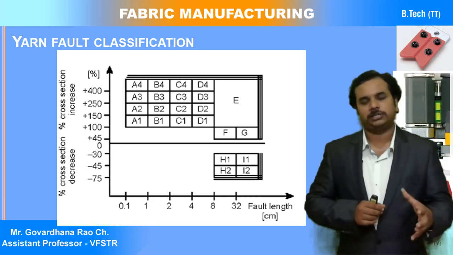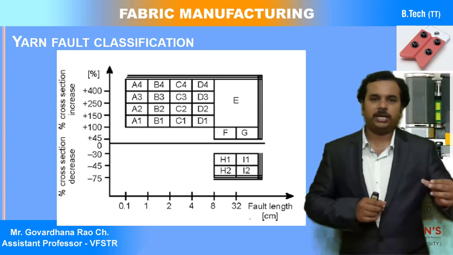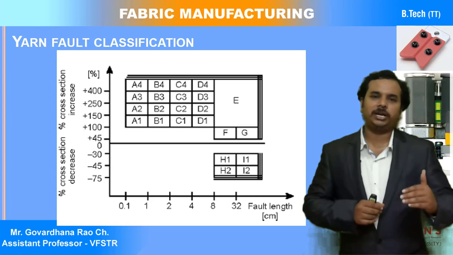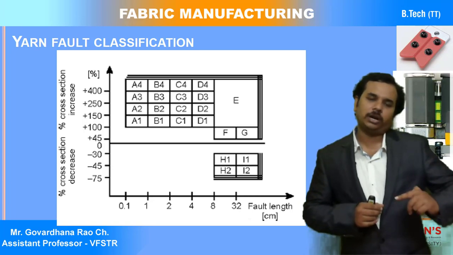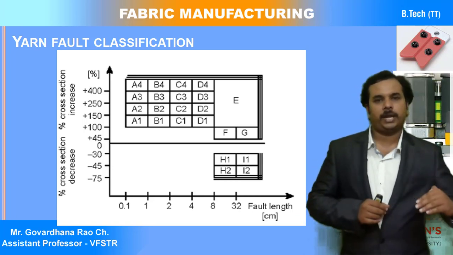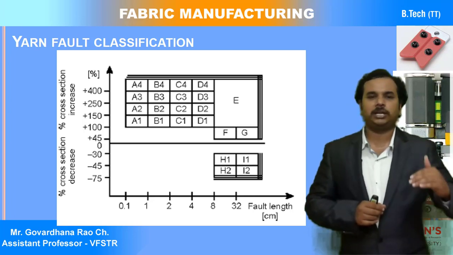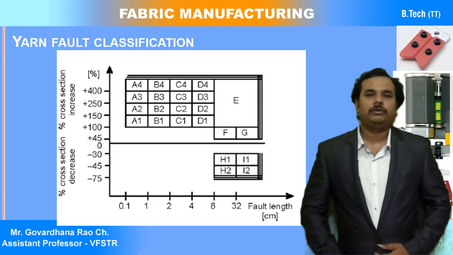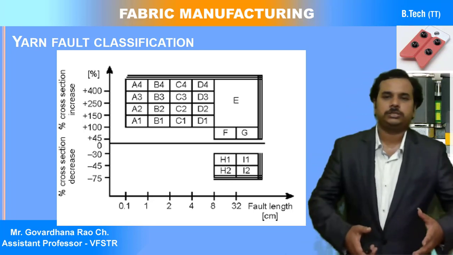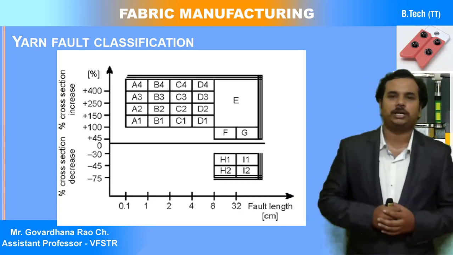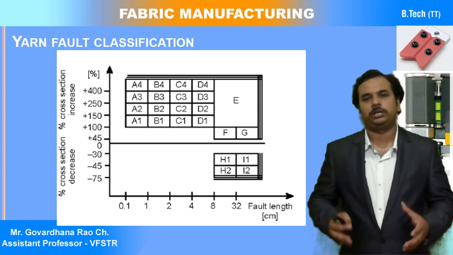This is the percentage. If the yarn diameter is less than 1, that is the minus side, and more than 1 is called the plus side. So the percentage of yarn diameter variation is shown here, and in the x-axis you can observe the yarn length or fault length.